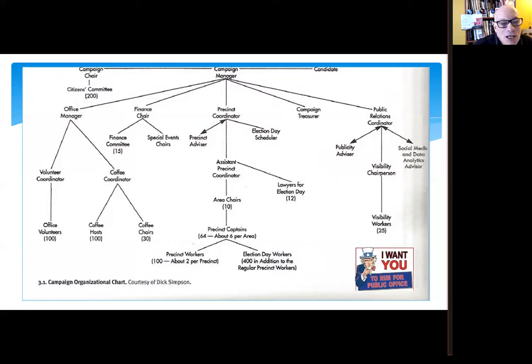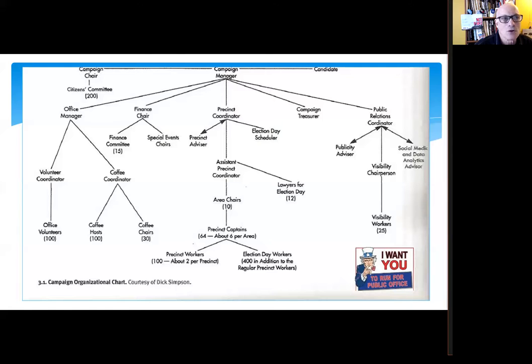And as you can see, there's usually an office that needs to be staffed, usually with volunteers. There's lots of public relations or messaging. So there are press releases, and now, of course, we have social media, so every tweet or meme or Facebook post must be thought of. And that has to happen in a certain order with a certain logic.